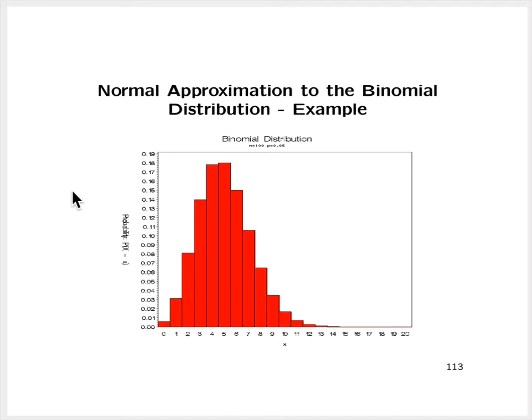To do this, let's take a look at the true sampling distribution of x. Okay, here's the binomial distribution for n equal to 100 and success probability p equal to 0.05. Now I would ask you, does that look symmetric?